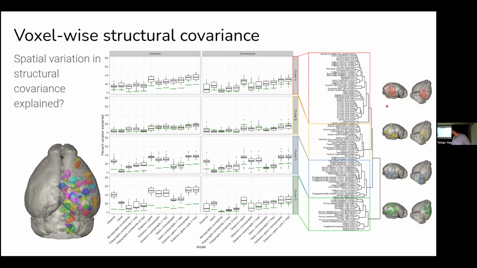The input to the clustering was just the variation explained by distance, gene expression similarity, and monosynaptic connectivity. So it's just 3 data points and 108 different observations. We clustered those and got 4 clusters. We found that this was the best solution.